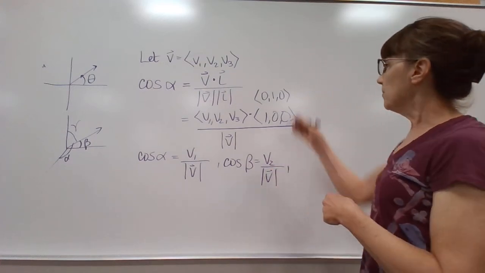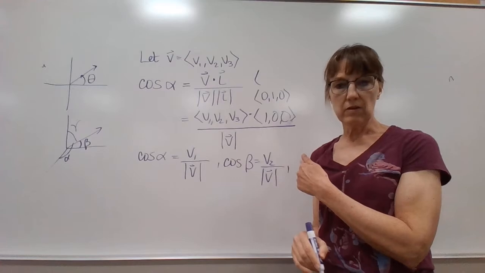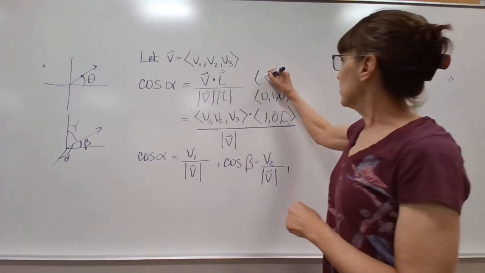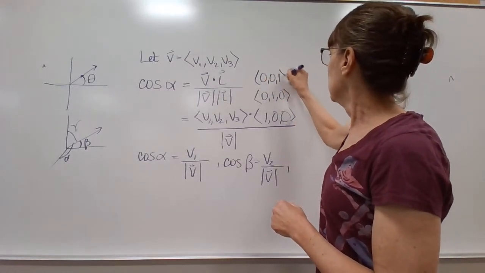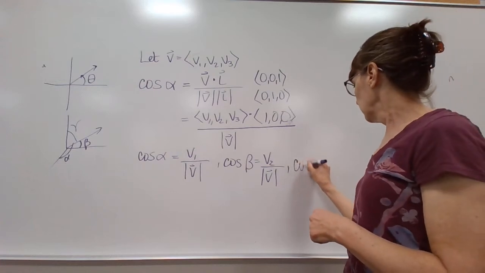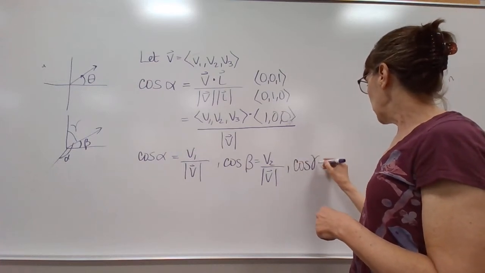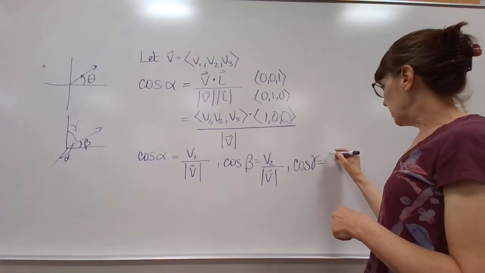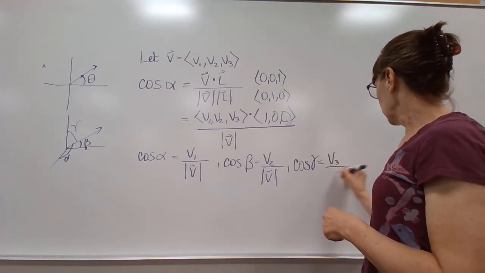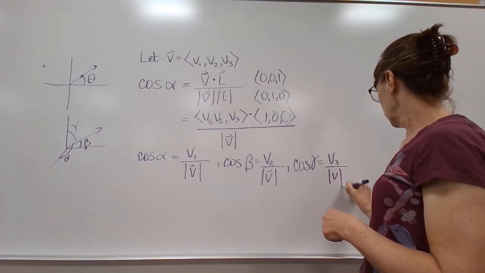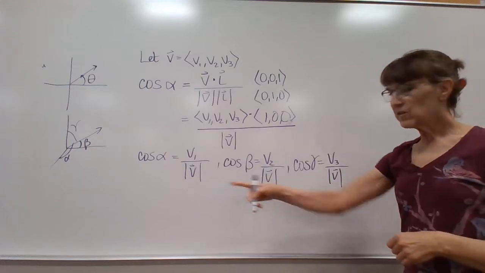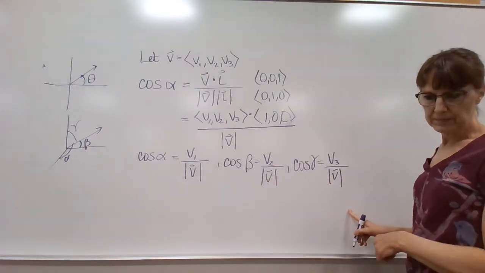And for gamma, I'll use the unit vector in the direction of the z-axis, which is 0, 0, 1. So cosine of gamma is just the z component. So there we have our direction cosines.